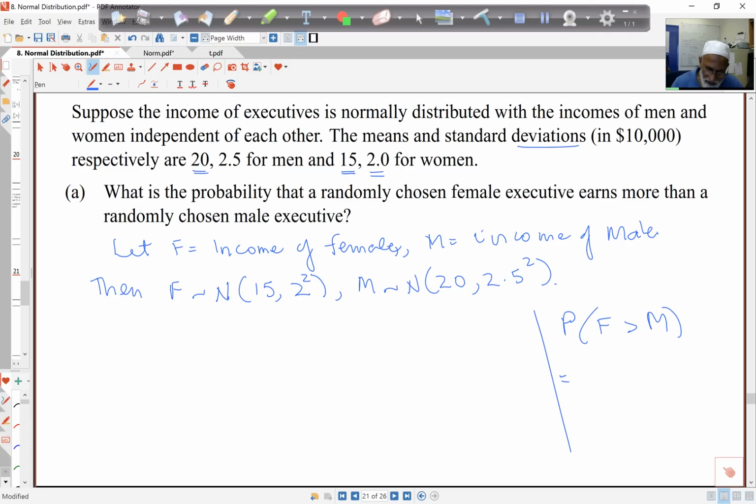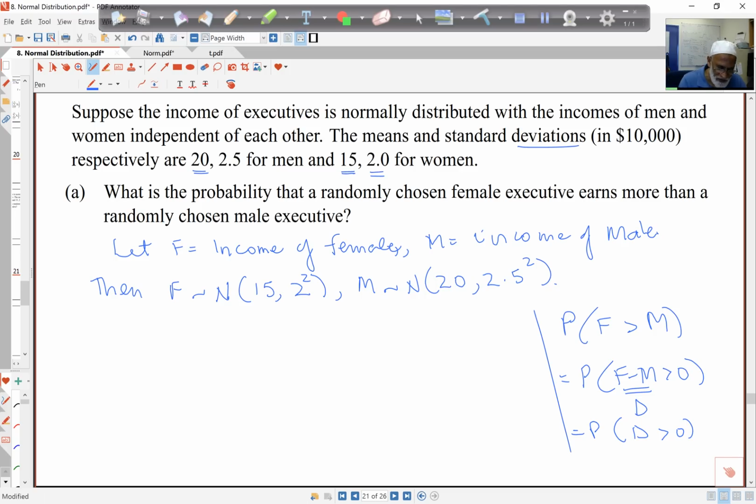So what I'm going to do here is I'll subtract this to make it F minus M is bigger than 0. And now I've got a random variable that's F minus M. I can call that D. And I can find its distribution. So then I've reduced this to a problem of just saying D bigger than 0.